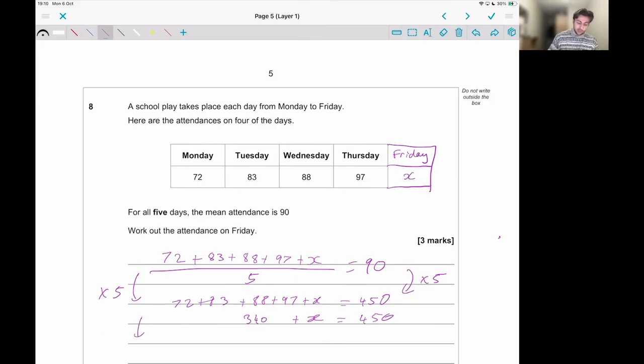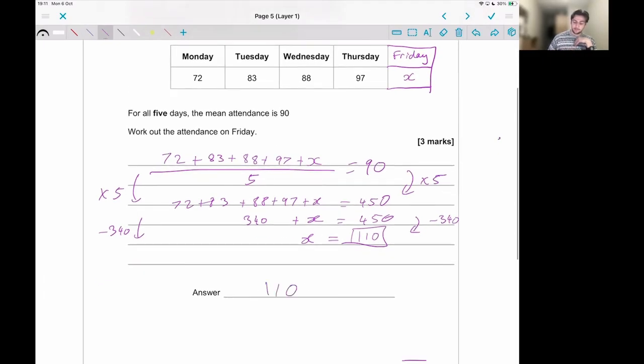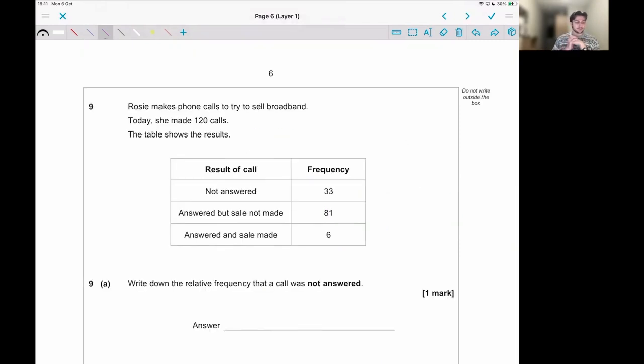So we need to get rid of the 340 by subtracting it from the left-hand side, which means we're going to have to do the same to the right-hand side. We get X on the left. That's a really neat X. And then on the right, we're going to get 110. And that will be our final answer. The attendance is 110. So we can write that here. That's all there is to it.